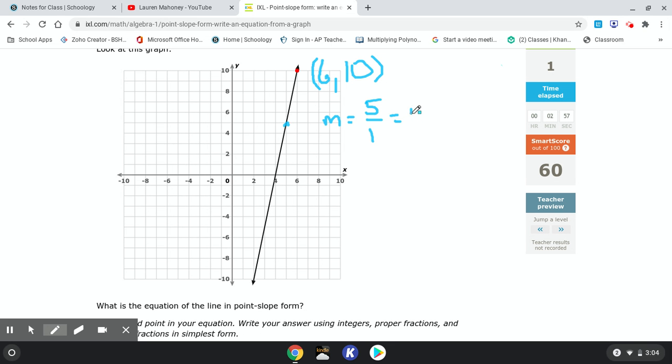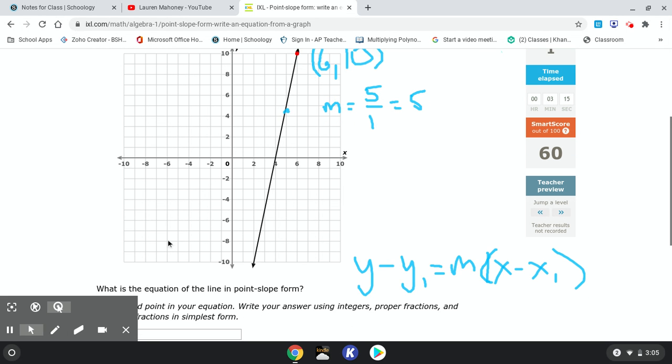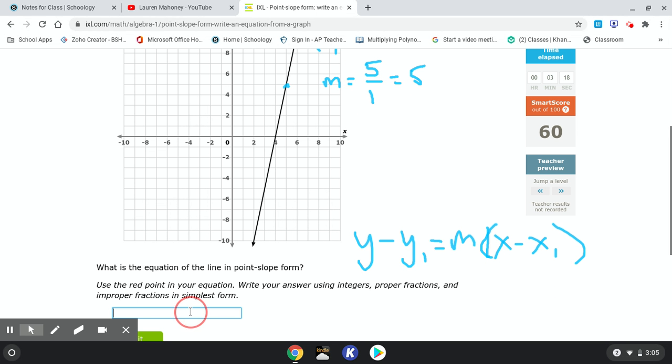If I count slope, it looks like I have a point here, even though it's not on the graph. I would count my rise first: going up 1, 2, 3, 4, 5, and over to the right 1. So my slope is 5 over 1, which is simply 5.